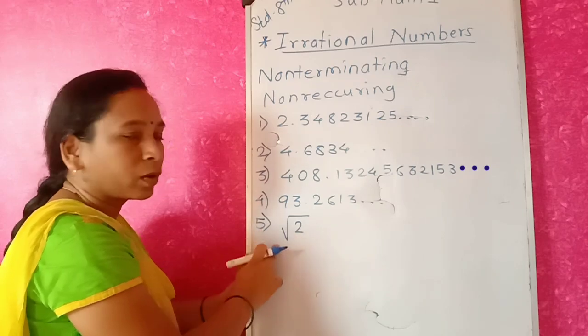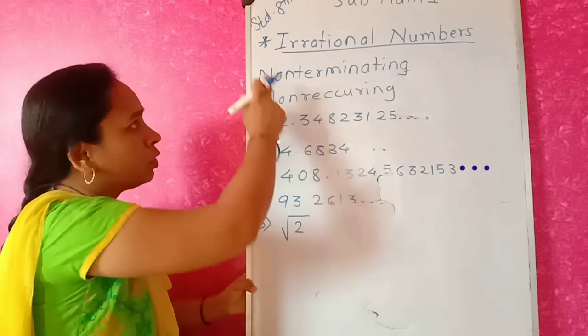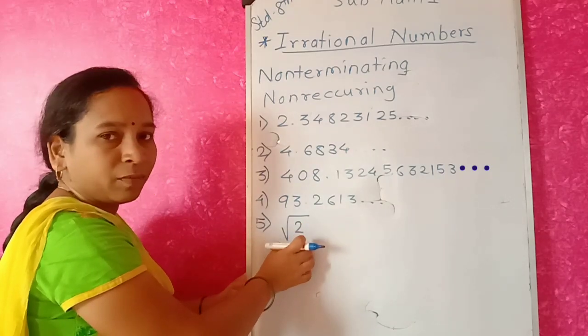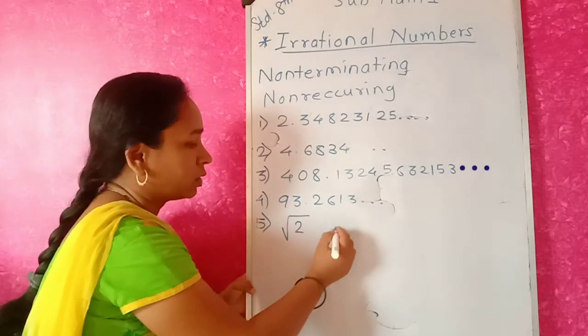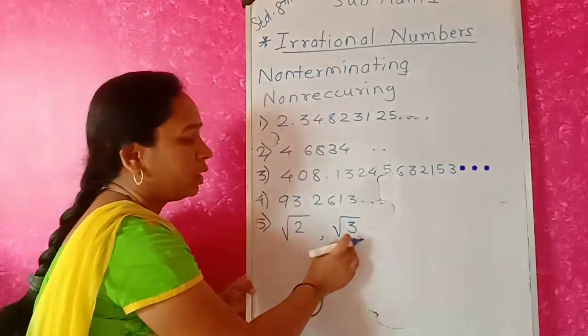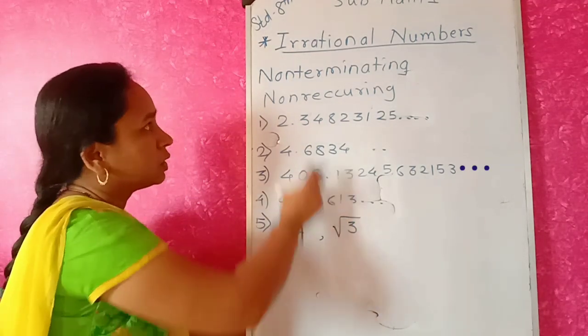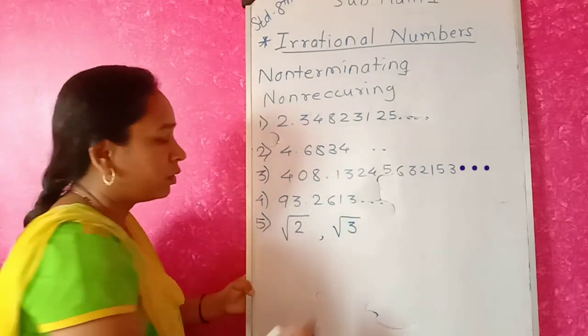So the square root of it is an irrational number. Next, 3. 3 is a non-perfect square number, so its square root is also an irrational number.